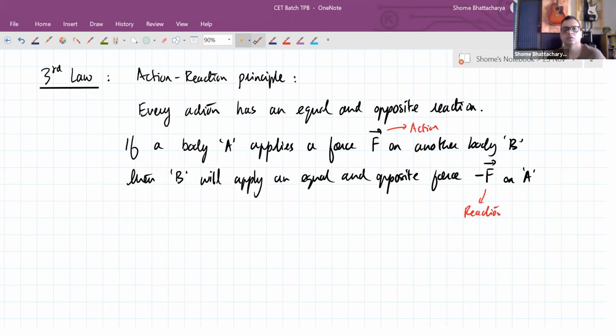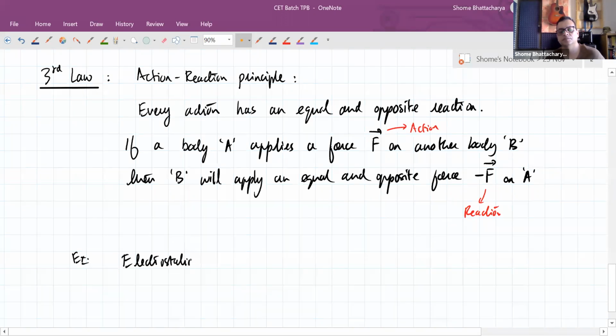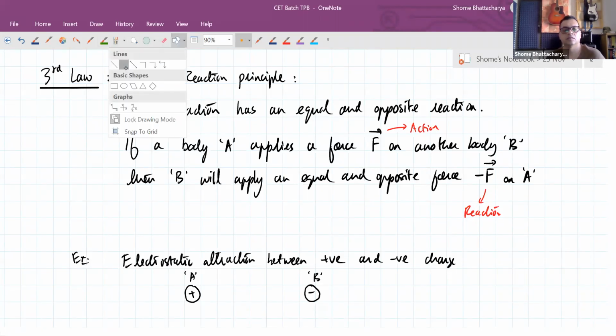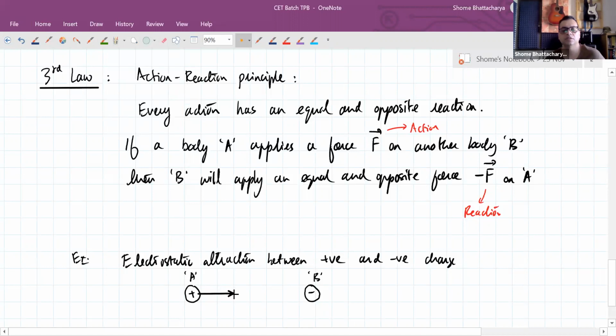Okay. Now, very basic example of this is, for example, electrostatic attraction between positive and negative charge. This is something that shows this property about force. If we have a body A which is positively charged, a body B which is negatively charged, this will experience a force like this.